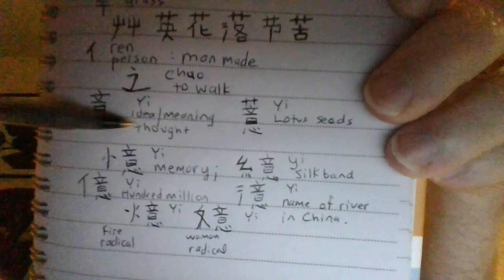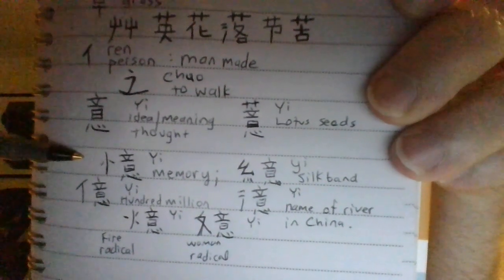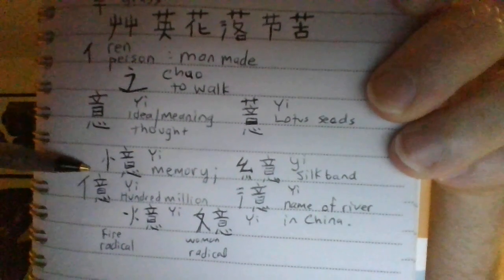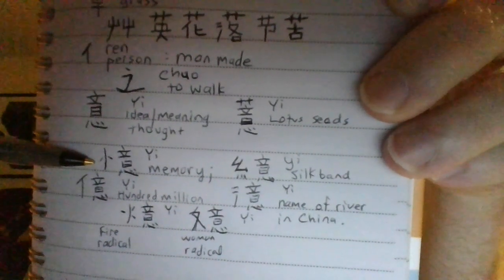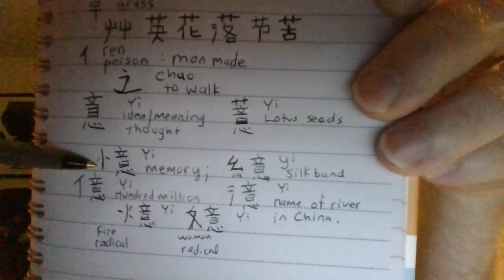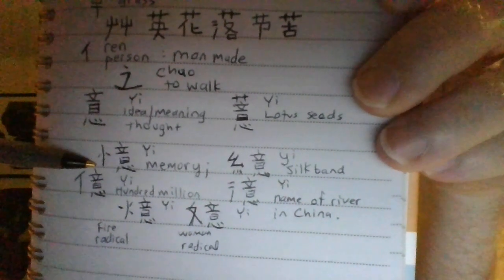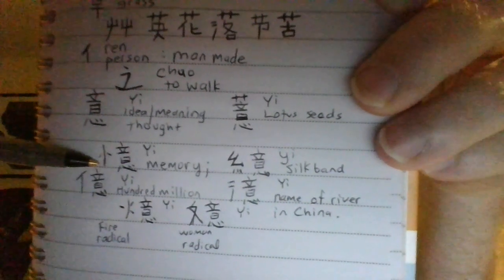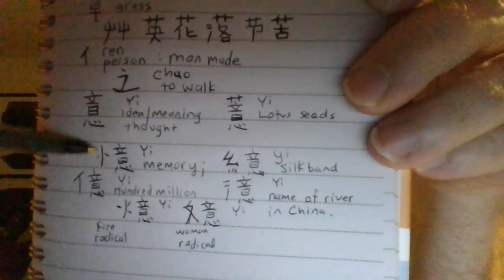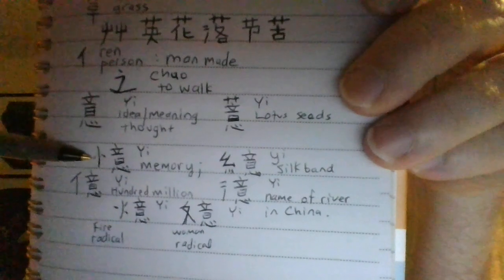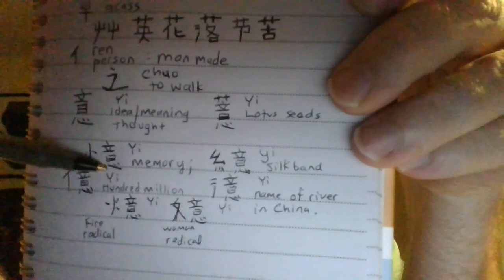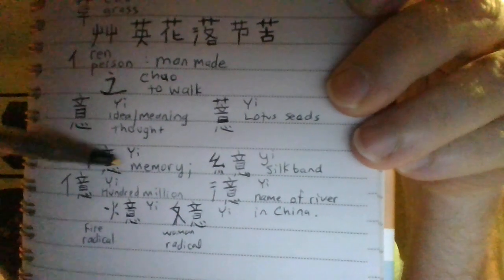So that is one. And we also have this one, which actually means memory. Just that little thing, kind of like an eye with 2 dots on each side, changes that yi from meaning to memory.